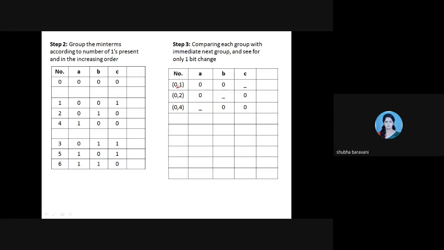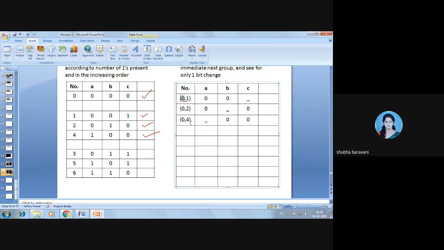Here 0 and 1 are appearing, so I'll put a tick mark for 0 and for 1. Similarly, 2 is appearing here, so I'll put a tick mark to 2, and 4 is appearing here, so I'll put a tick mark to 4. Is this step understood?